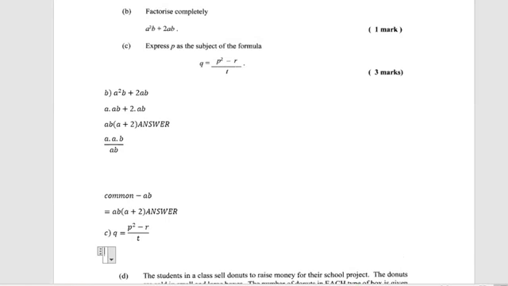What we learned is that we always move the variables that are furthest apart from P, so things that are not attached to it. So in this case, the first variable that is not attached to P in any way, shape, or form is our T, which is dividing on our right hand side.